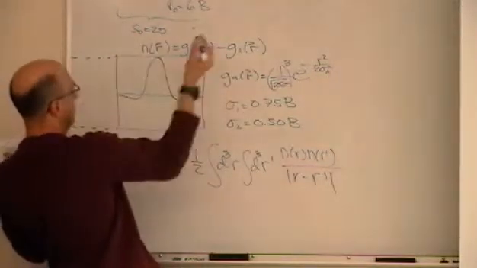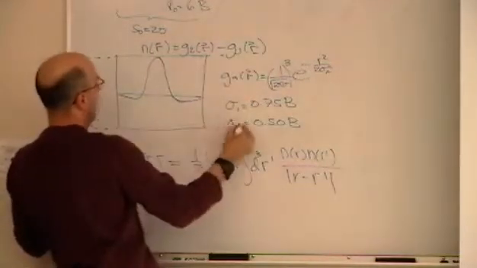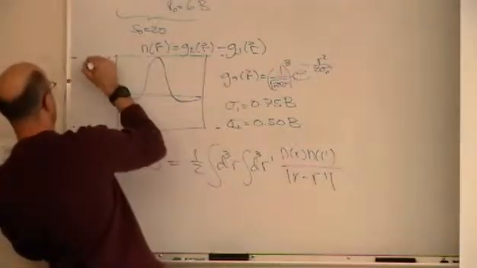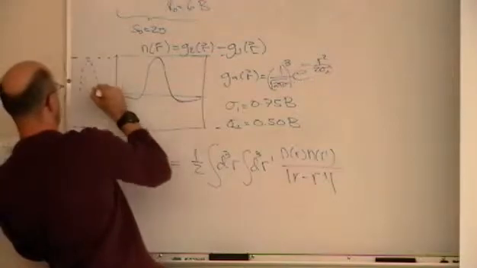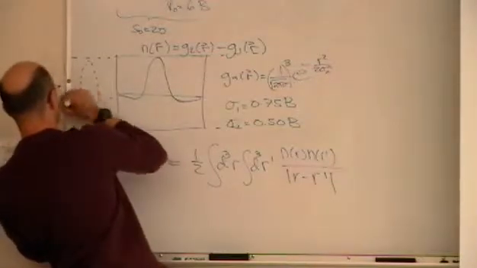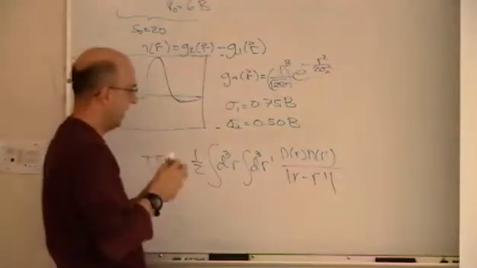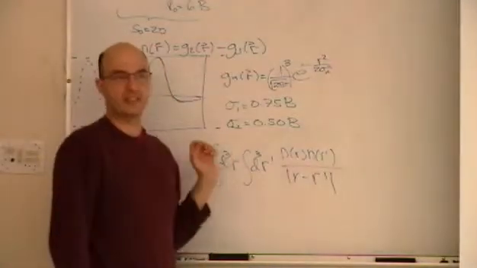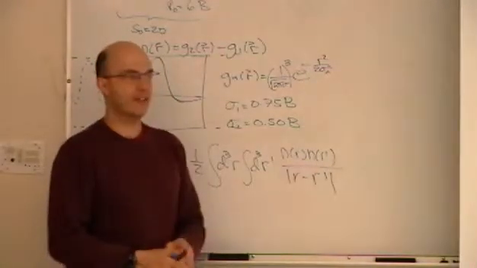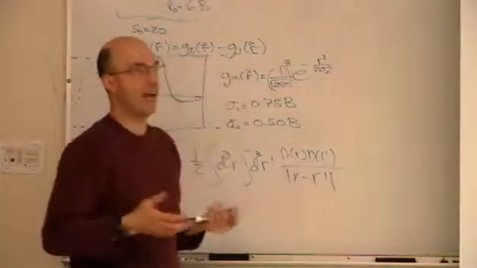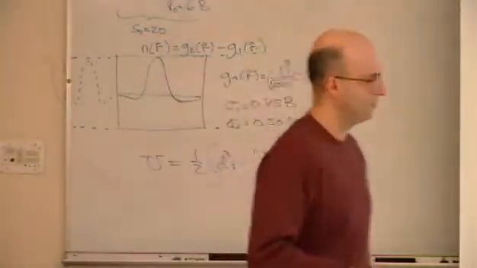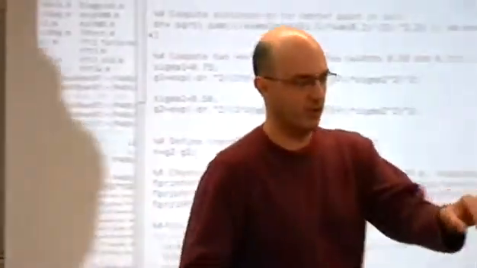I'll draw it with dashed lines, and similarly off to the left. And in there, there's another copy of these two Gaussian balls, like so. So we're not really calculating the electrostatic interaction of these two Gaussian balls, but rather of a periodic array of such balls.